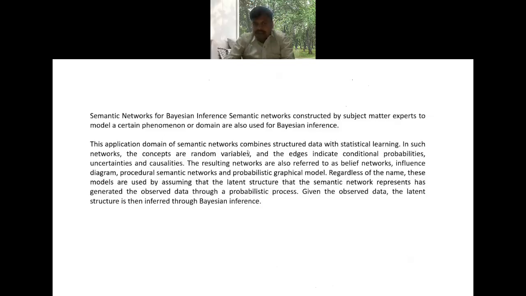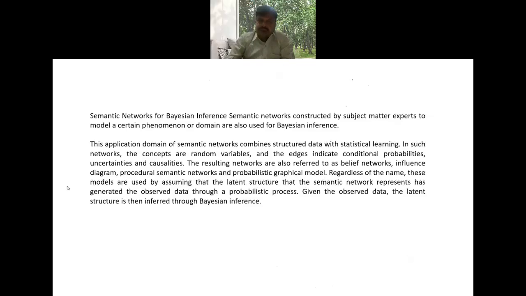So, the semantic network combines structured data with statistical learning. In such networks, the concepts are random variables and the edges indicate conditional probabilities, uncertainties, and causalities. The resulting networks are also referred to as belief networks, influence diagrams, procedural semantic networks, and probabilistic graphical models.